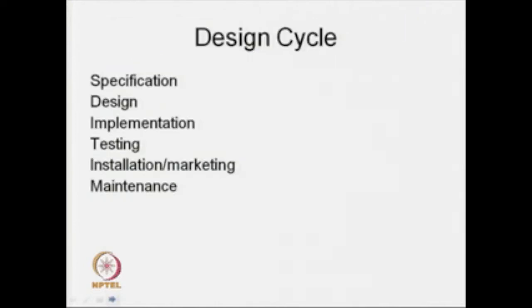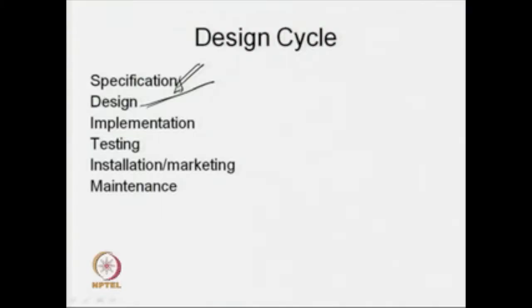If you look at our design cycle, we get the following steps: specification, design, implementation, testing, installation, marketing and maintenance. In our first part, we talked about design issues, and when we go for design, we need to know the specification of the system.